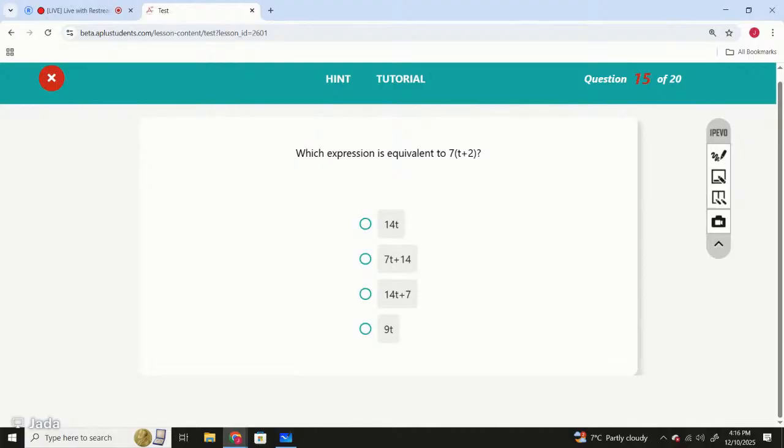Which expression is equal to 7 times t plus 2?